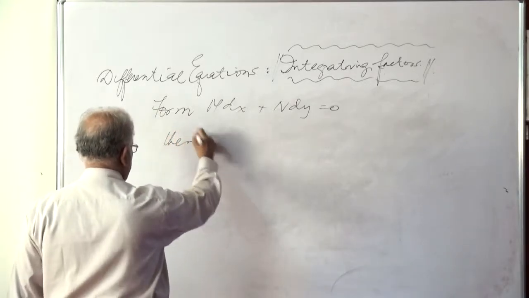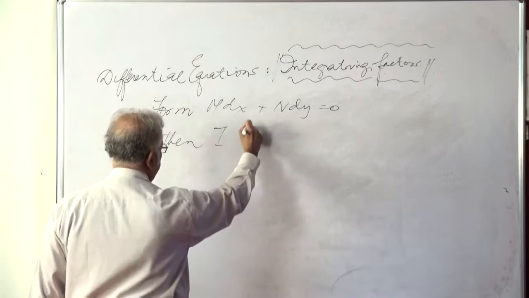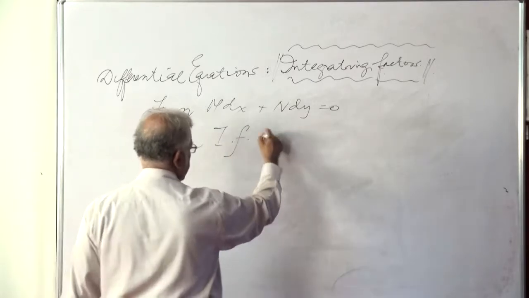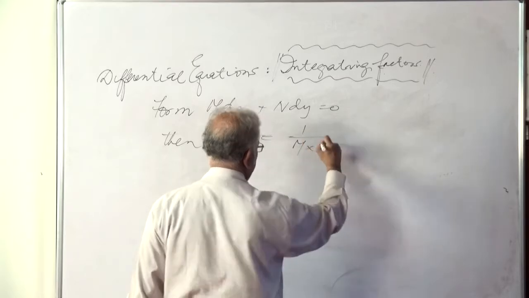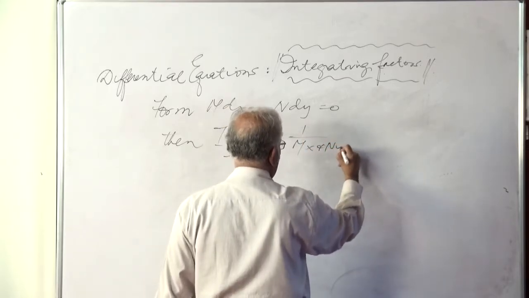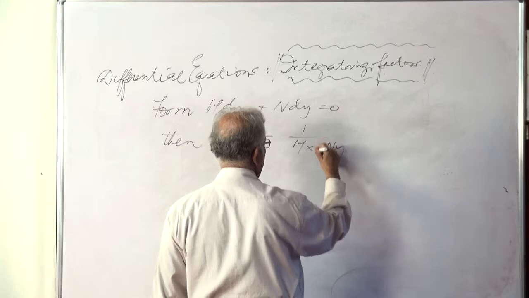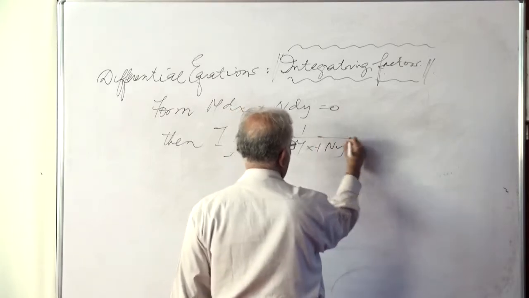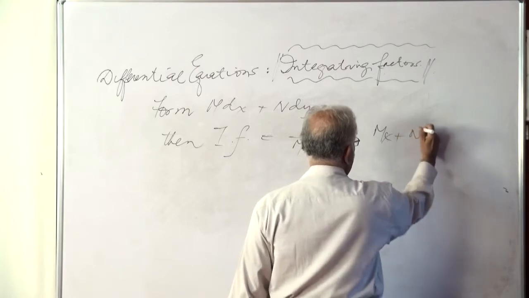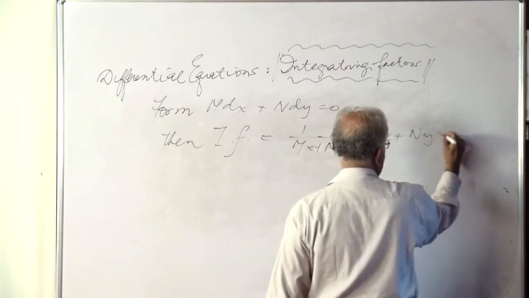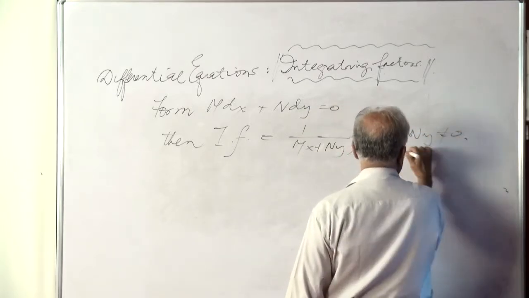Then the integrating factor is 1 over Mx plus Ny, assuming that Mx plus Ny is not identically equal to 0.